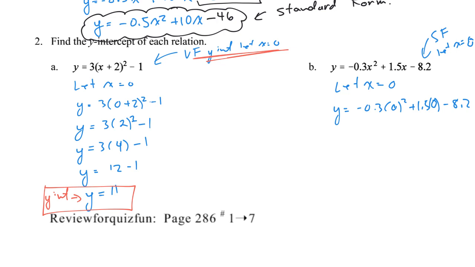Let me explain to you why. This goes away and this goes away because 0 squared is 0, and then 0 times negative 0.3 is 0, and then 1.5 times 0 is 0. So basically, you don't have to do the calculation. You just need to recognize that our y-intercept in standard form is always the constant.